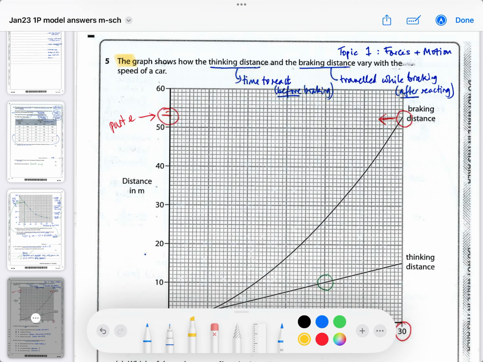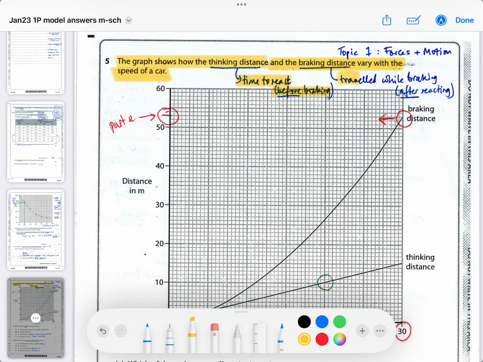So this graph shows how the thinking distance, which is caused by the time to react before you brake in a car, and the braking distance, how these two vary according to the speed of the car. Okay? So obviously, before you can brake, you've got to react to whatever is causing you to want to brake.